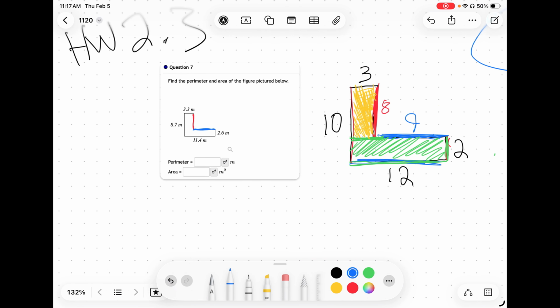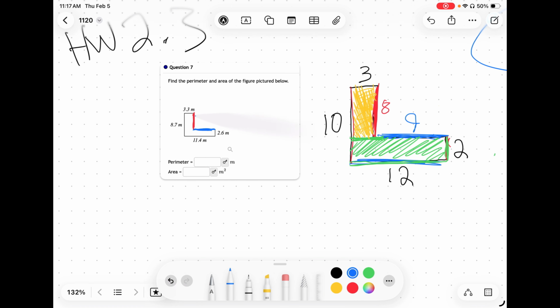I'm now going to apply that thinking to the actual decimal question. The first thing I need to do for perimeter or area is find my missing sections, which I'm going to label in red there, and in blue there.